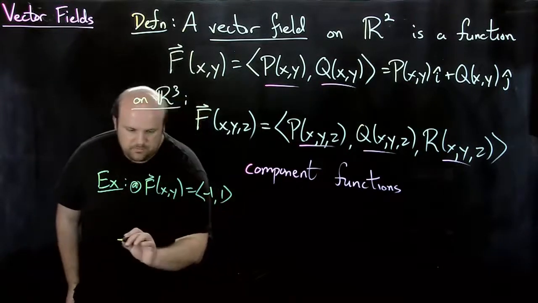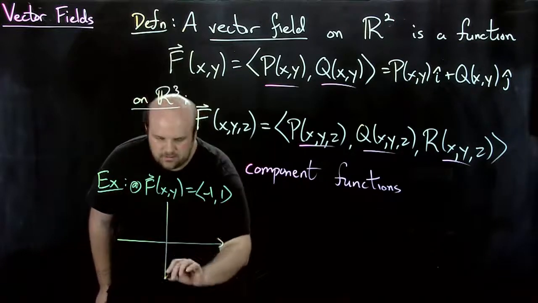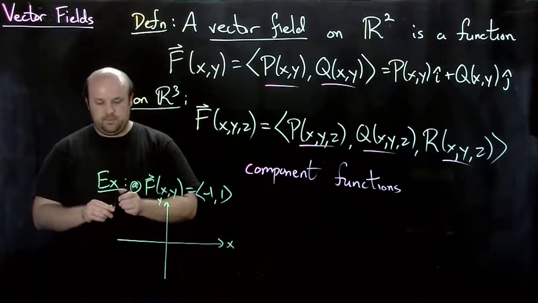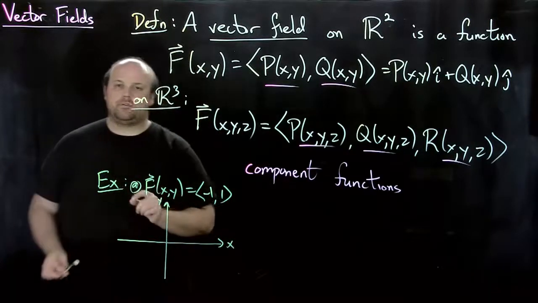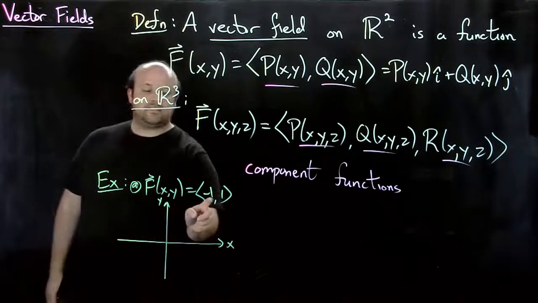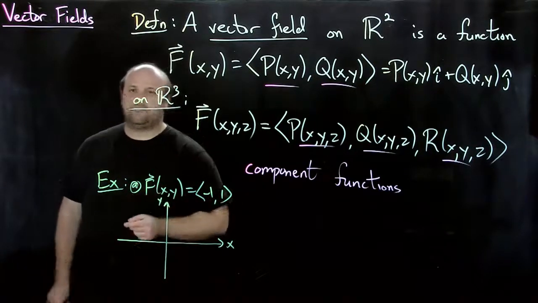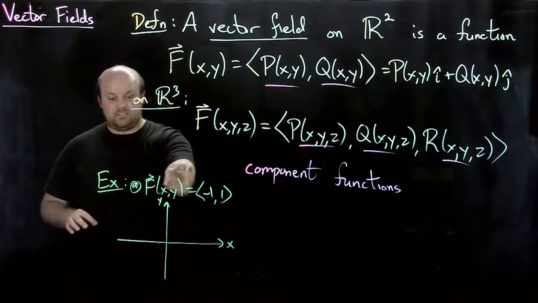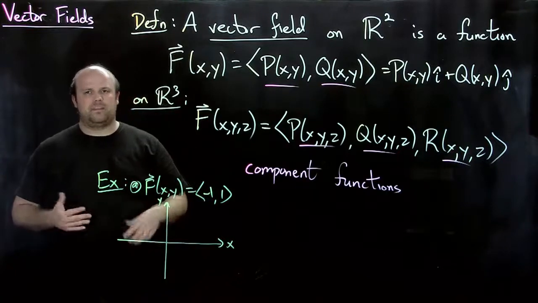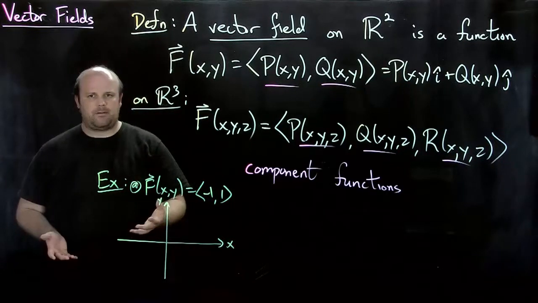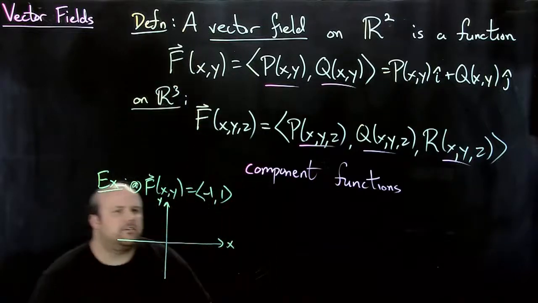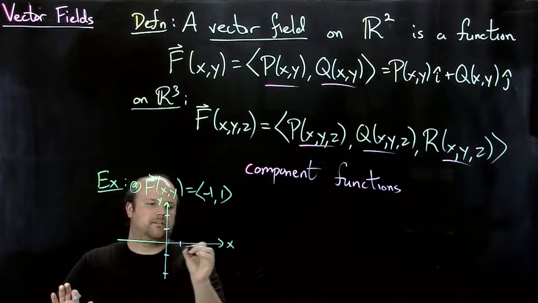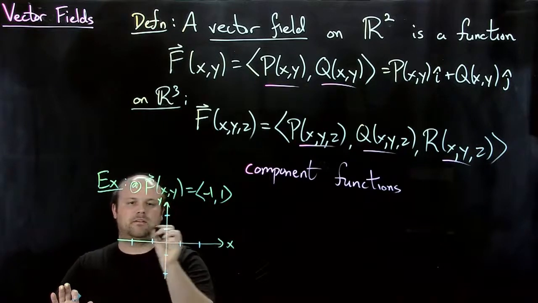Loosely, the idea here is we have the xy plane, and at every point of the xy plane, we need to stick this vector, negative 1, 1. Now, of course, you might imagine we can't really do that, drawing one at every point. That's going to be kind of hard, and it's going to get crowded. So usually what we do is we just take some sampling of points, say something like this.